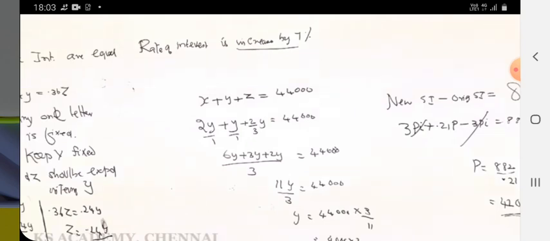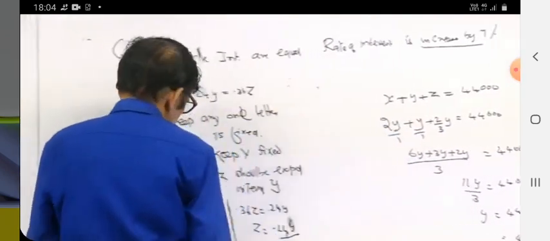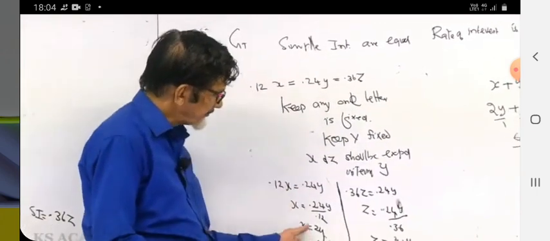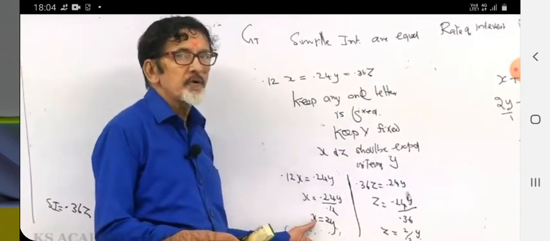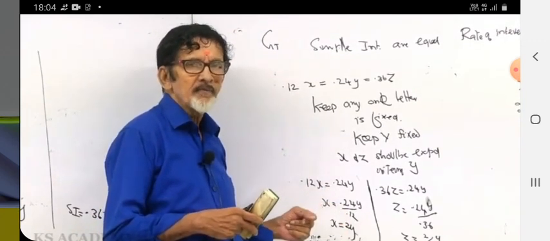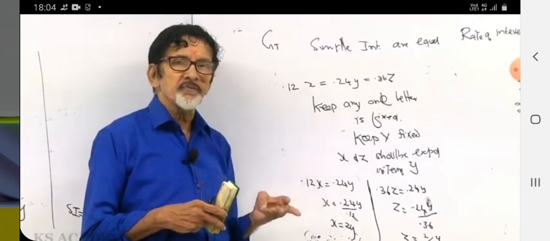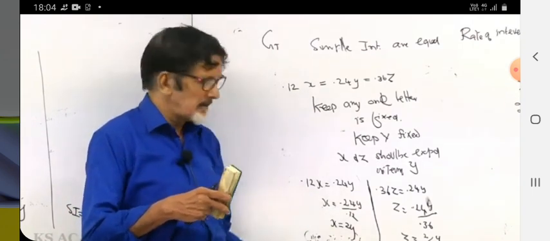Substitute in equation 1. You are getting Y equal to 12,000. The question is the smallest part. Whether X is the smallest part: X is equal to 2Y, so X is 24,000, not small. Which letter is small?